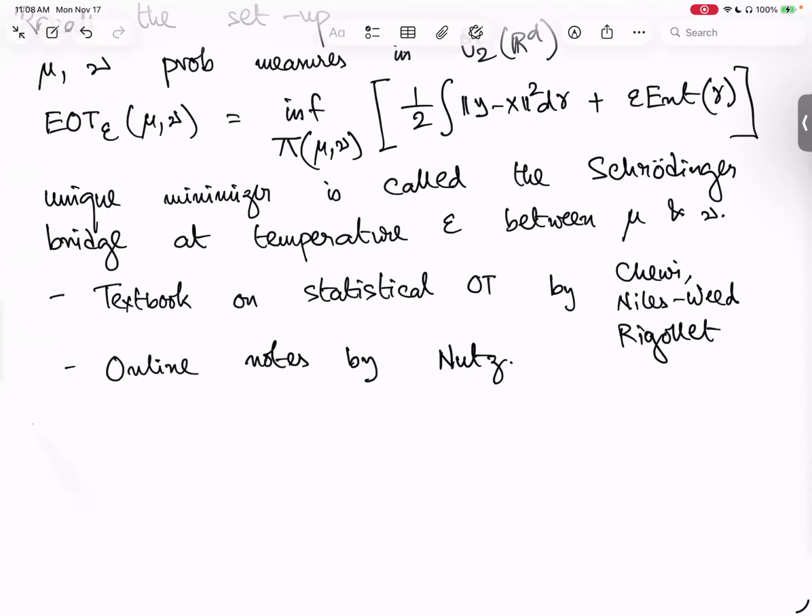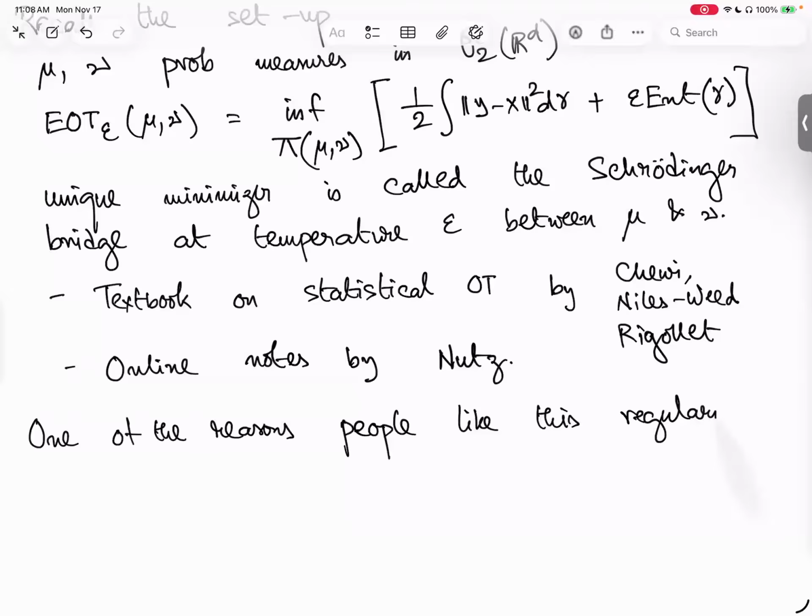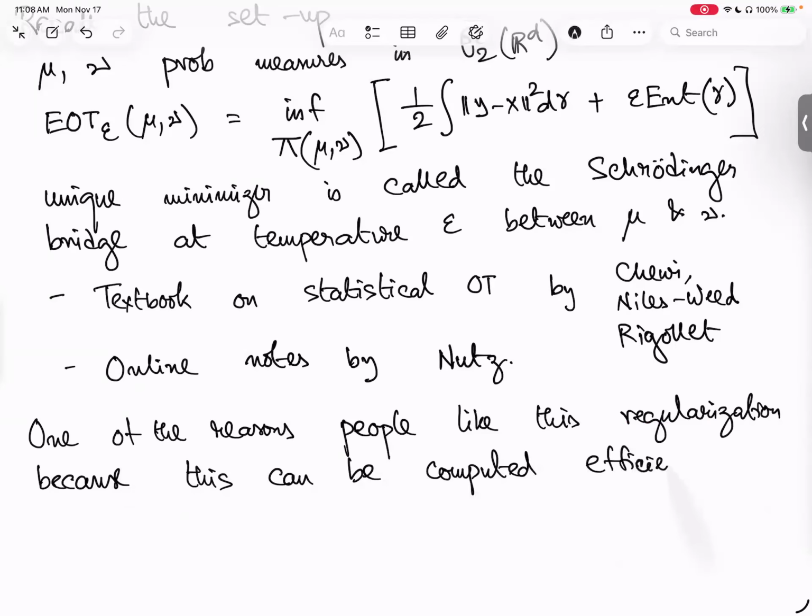One of the reasons people like this regularization is that this can be effectively computed, due to what is called the Sinkhorn algorithm, or the IPFP.